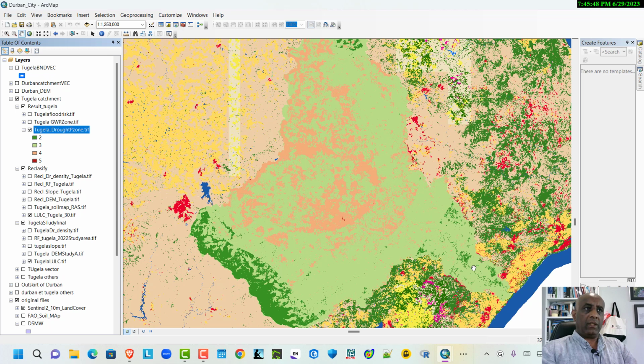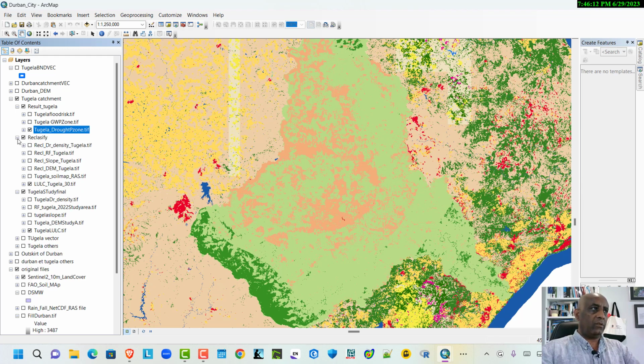And if there is any rain that comes down to this side, even the groundwater table comes to the downstream side. And so, no drought in this area. That is it. This is the analysis.